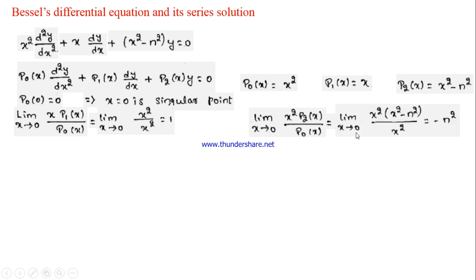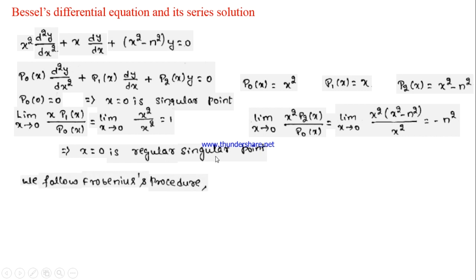As x tends to 0, this expression just gives minus n square, which means x equal to 0 is a regular singular point as these two limits are finite. So for this problem, the Frobenius procedure can be used. My assumption will be y is equal to summation r equal to 0 to infinity ar x power m plus r with a0 not equal to 0.